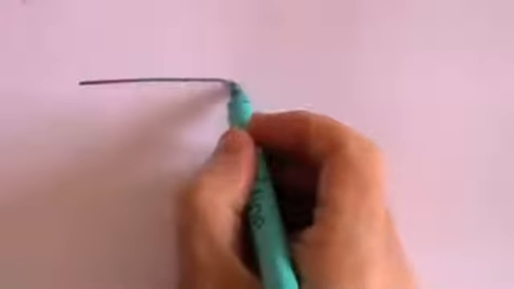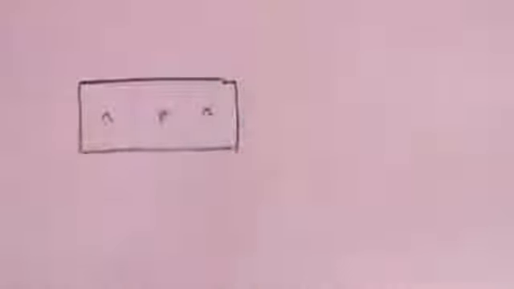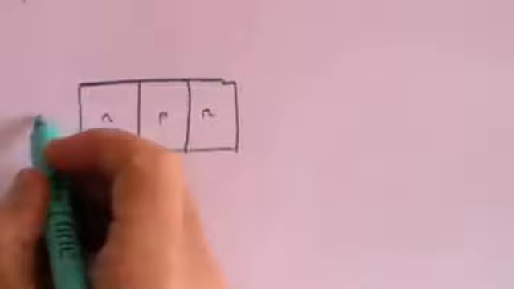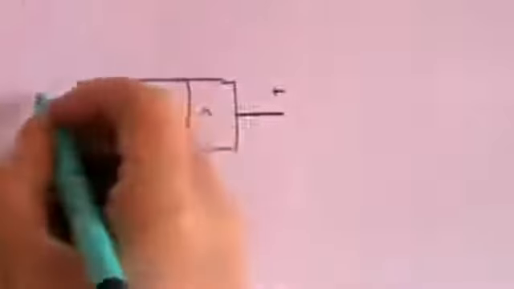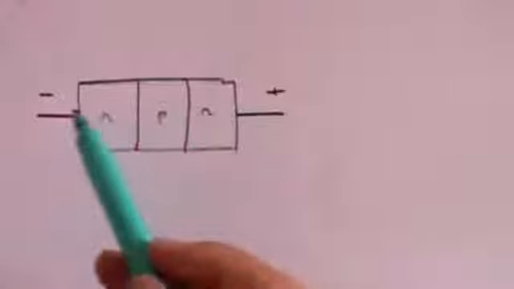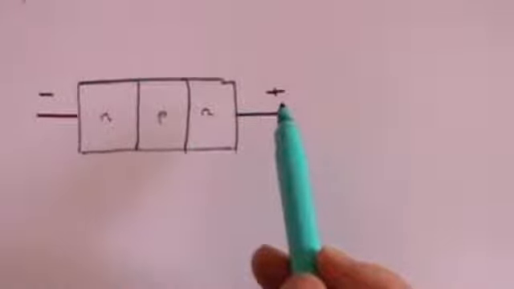But you may recall that I showed that there is a device called an NPN device, which is made up of semiconductor material. This is N, this is P, this is N. And the point about this type of device is that if you put a voltage across that device, plus, minus, then you might expect that electrons will flow towards the positive charge.